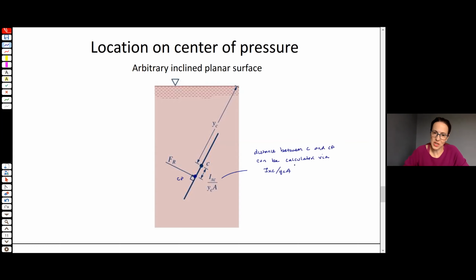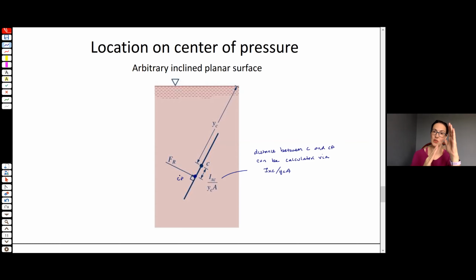And then just an interesting note, we see here that the centroid is above the center of pressure. That's always true in these hydrostatic situations, right? Because let's say we have a vertical surface, like we saw with that tank in the very beginning, we're always going to have a pressure distribution that looks like this.